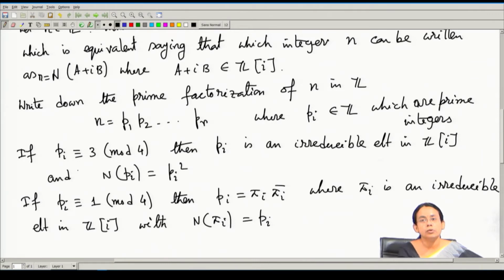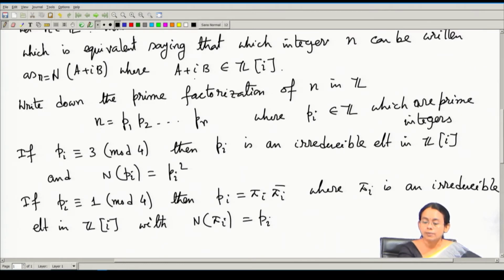Either pi is congruent to 3 mod 4, in which case it is an irreducible element in Zi, or pi is congruent to 1 mod 4, in which case it can be factorized further as pi prime times pi prime bar, where pi prime is an irreducible element such that the norm of pi prime is equal to pi. Now, we will use this fact in order to write this integer n as the norm of some element a plus ib.